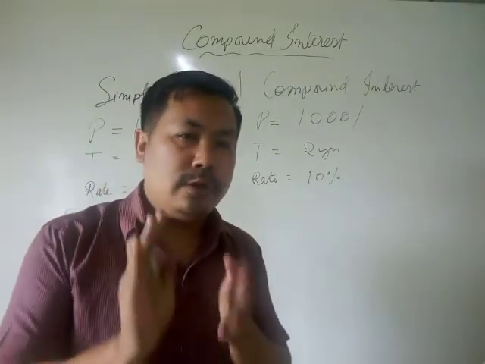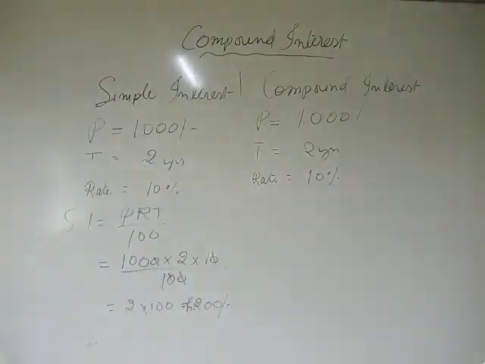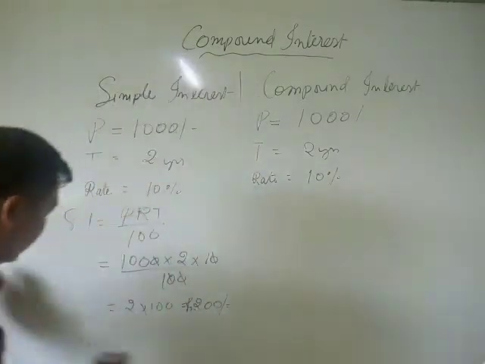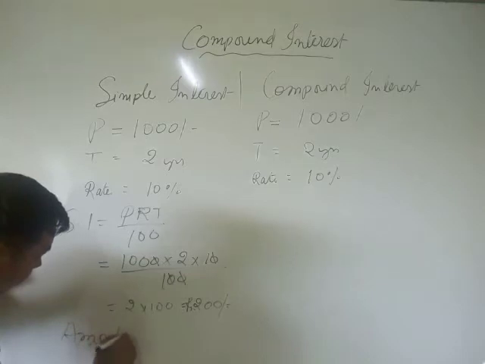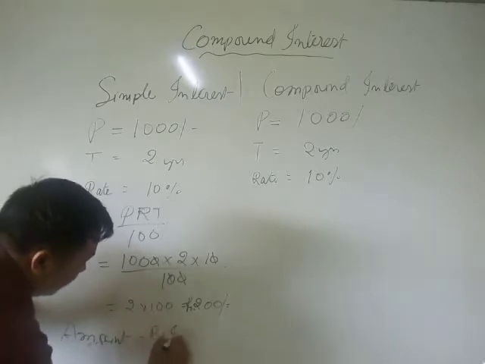So at the end of the 2 years, what is the amount you have to give to the person? Let us see. Amount will be principal plus interest, isn't it?